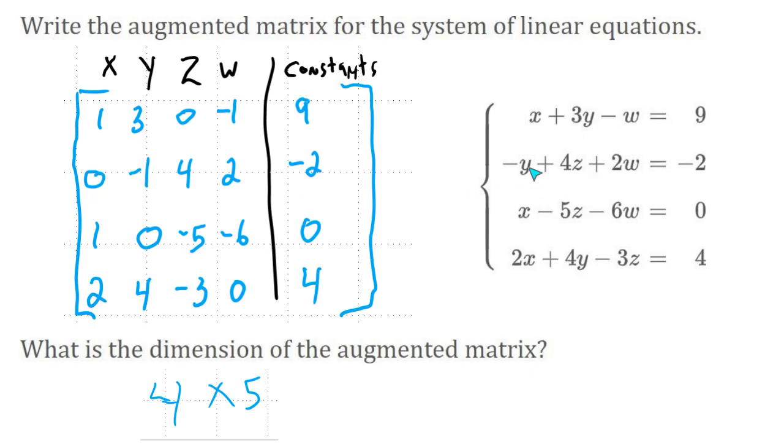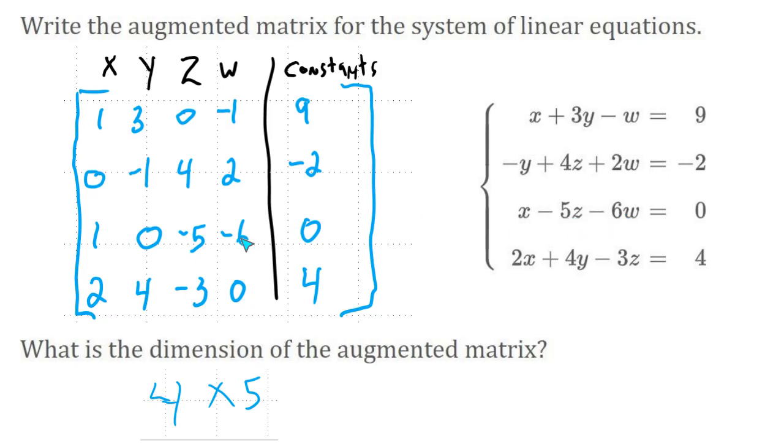And then the second one, there's no x, so we use 0. Y is -1. Z is 4. W is 2. And then our constant is -2. And then the third one, we have x is 1. There's no y, so we put 0. The coefficient of z is -5.